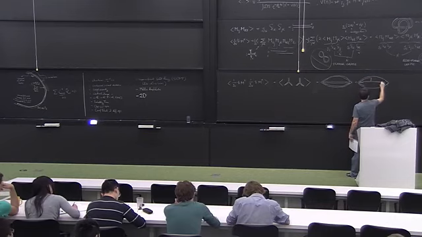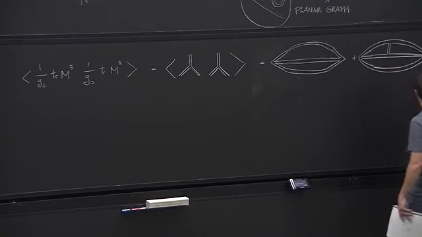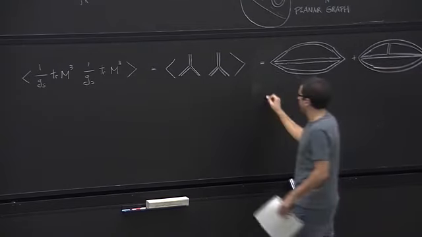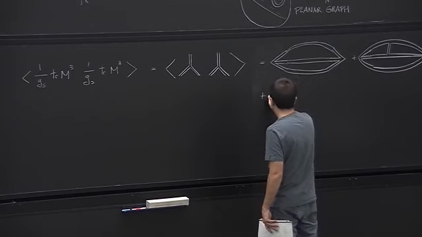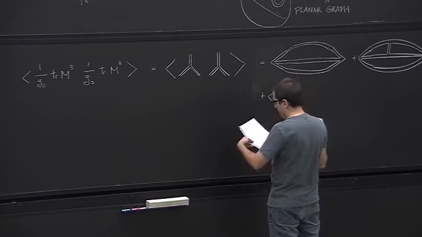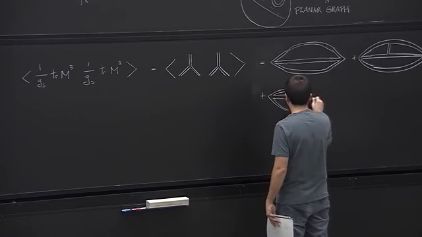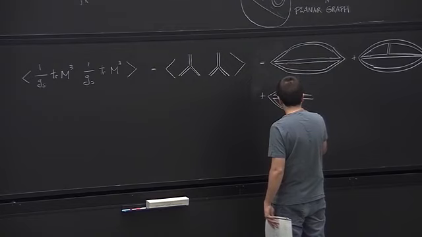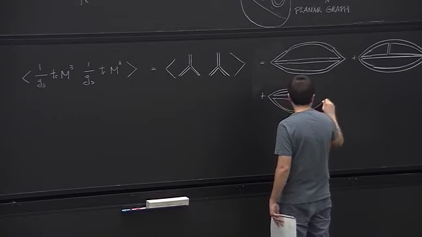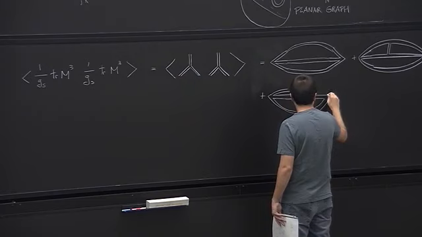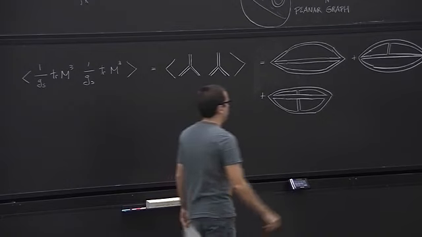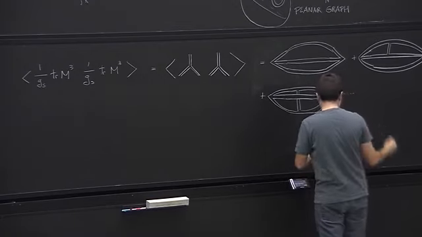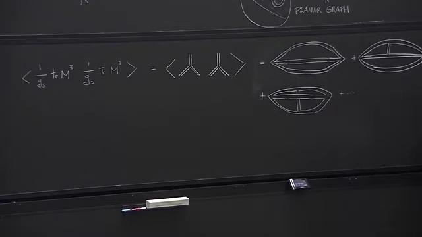Some cubic vertex interaction, plus and then we could have also other terms that cannot be drawn on a plane. For example, something like this, and then here some exchange of some matrix. Some term like this. Okay?